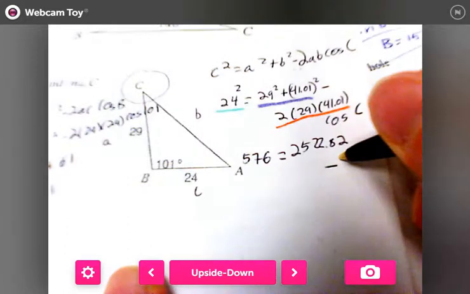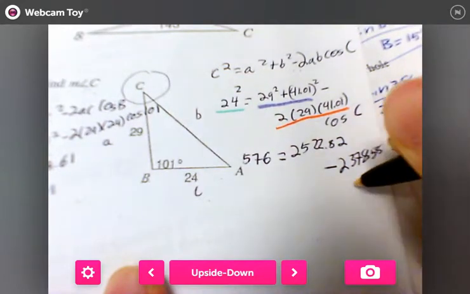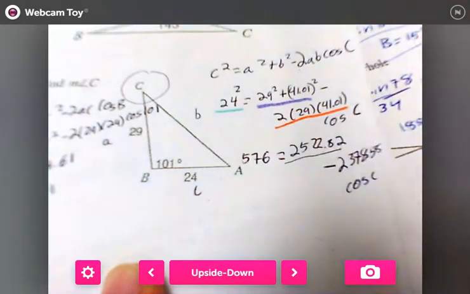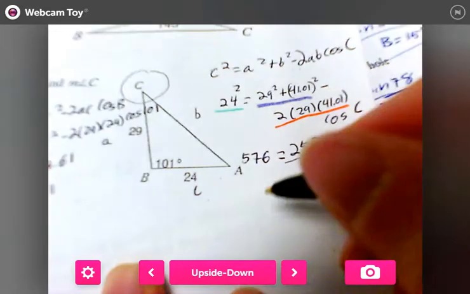We get 2,378.58, and that's cosine C. So then I have to get rid of this part next. So I have to go 576 minus 2,522.82.